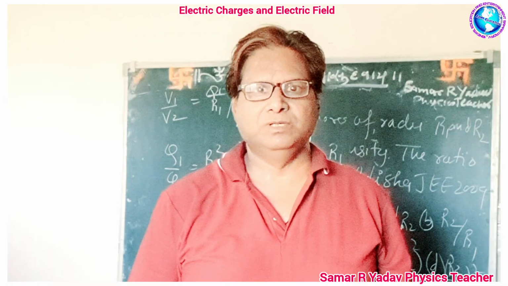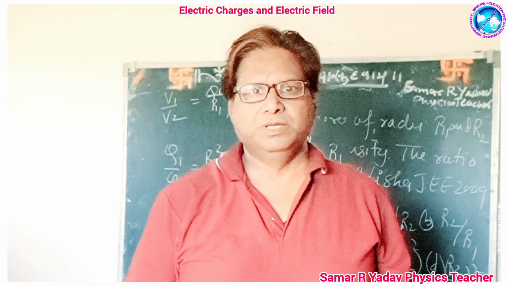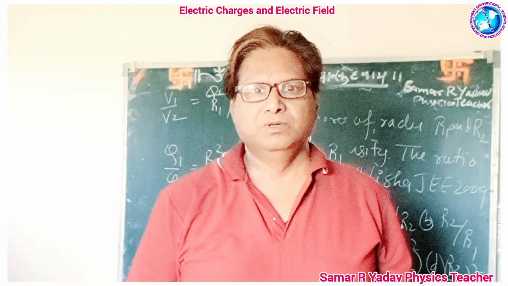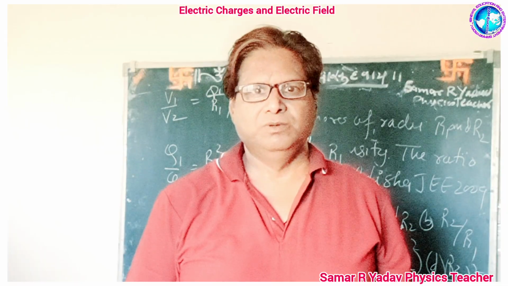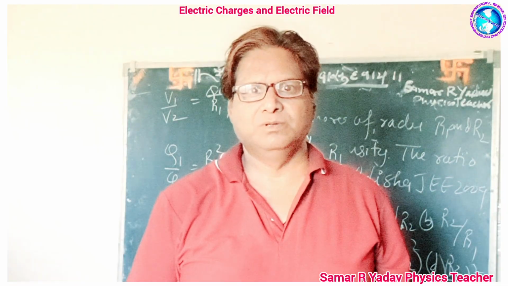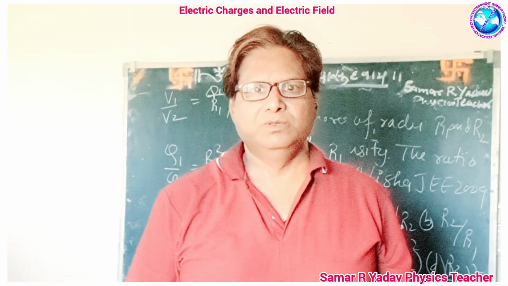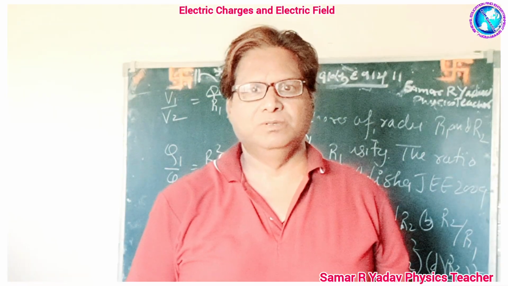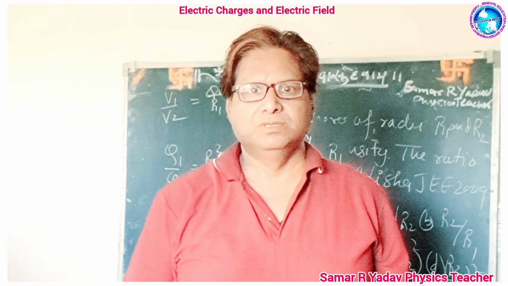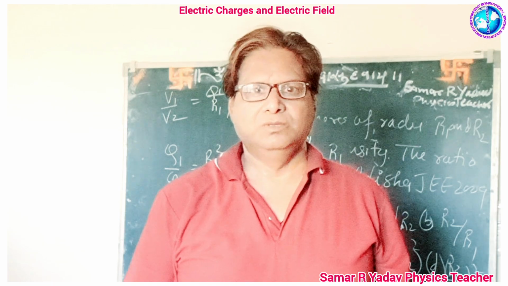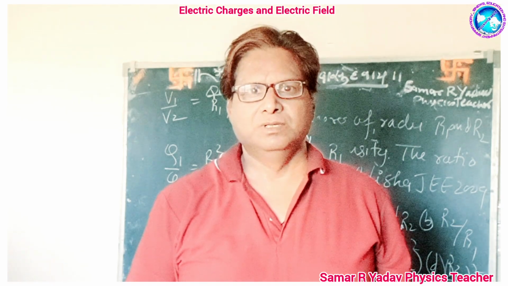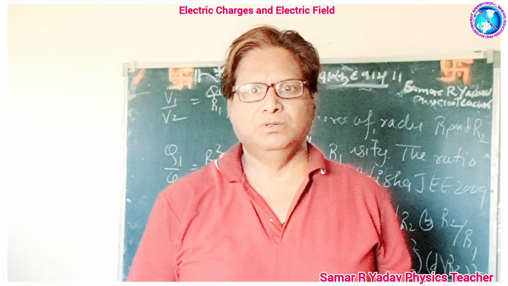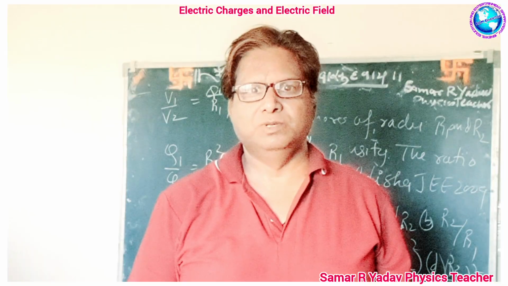Any charged sphere has potential V equal to 1 upon 4 pi epsilon 0 Q upon R. Therefore V1 is 1 upon 4 pi epsilon 0 Q1 upon R1, and V2 is 1 upon 4 pi epsilon 0 Q2 upon R2. Therefore V1 upon V2 is equal to Q1 upon R1 upon Q2 upon R2, equal to Q1 upon Q2 into R2 upon R1.